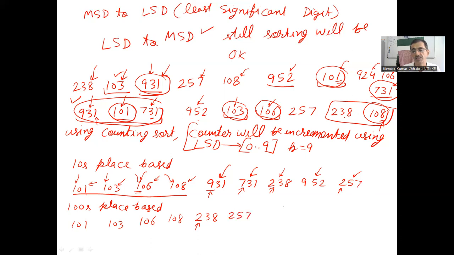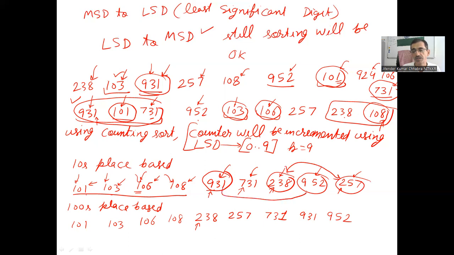Then 731 will come. Then 931 will come. 952 will come. These values' relative ordering is ensured. 238 versus 257, their relative ordering is ensured. And automatically they all become sorted.